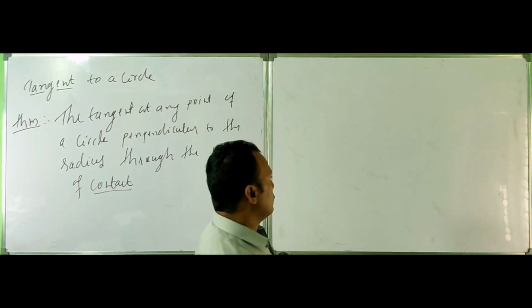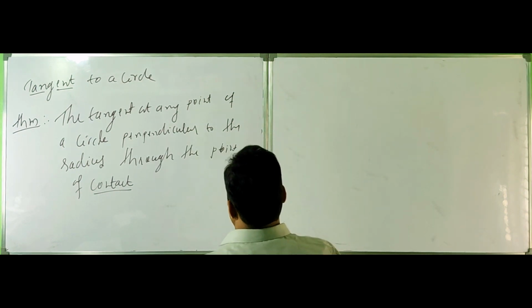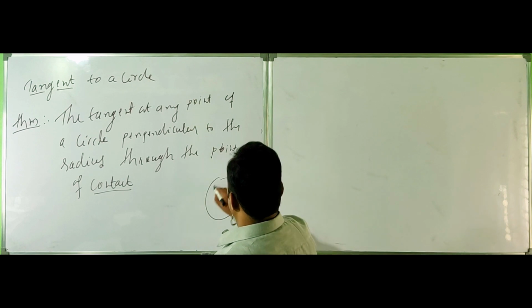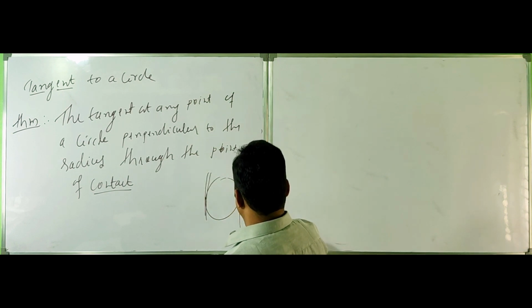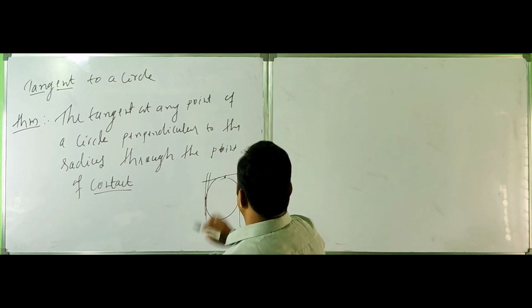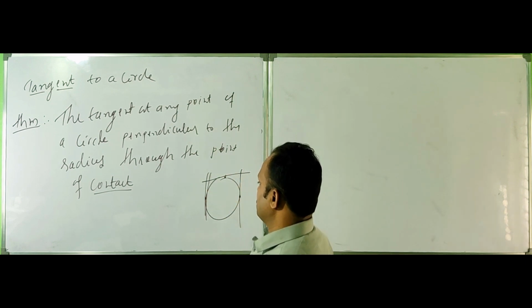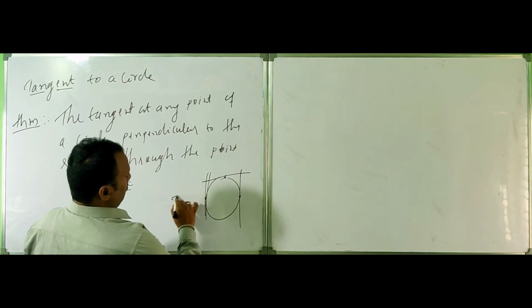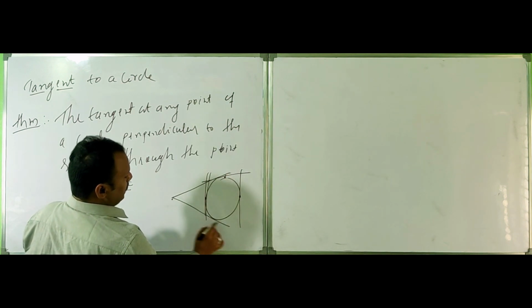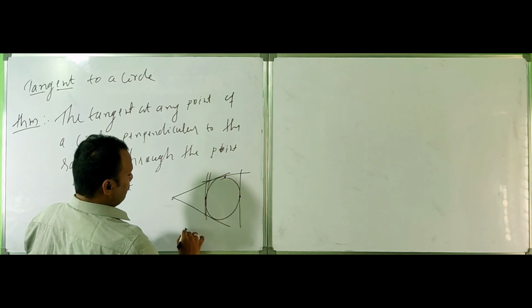This is called the point of contact. And from an external point, we can draw only two tangents, whatever it may be.